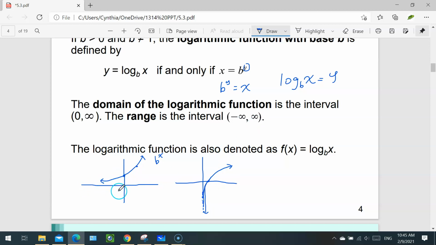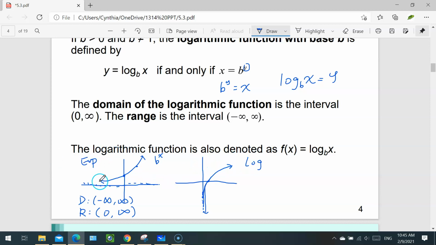So the domain of your exponential function is all real numbers, which is negative infinity to positive infinity. The range of your exponential function is 0 going to positive infinity. And it has a horizontal asymptote here. This is a logarithm function, this is exponential function.